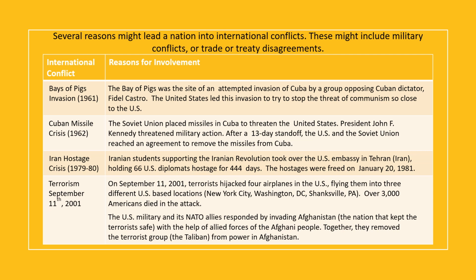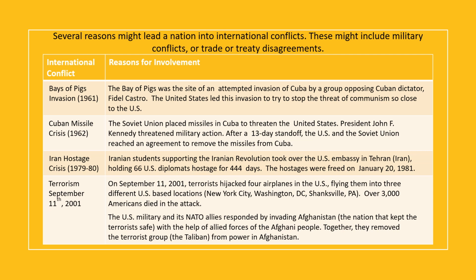In 1979, Iranian students supporting the Iranian Revolution took over the U.S. Embassy in Tehran, which is the capital of Iran, holding 66 U.S. diplomats hostage for 444 days. The hostages were eventually freed on January 20th, 1981.